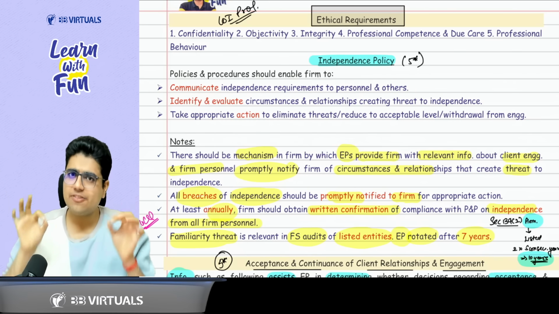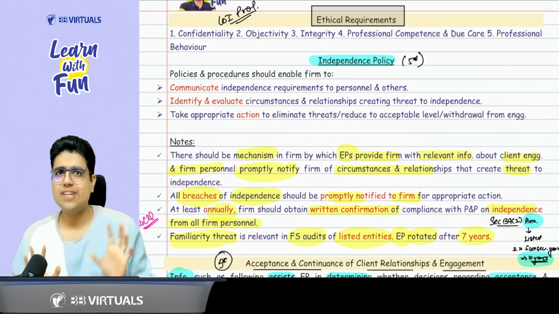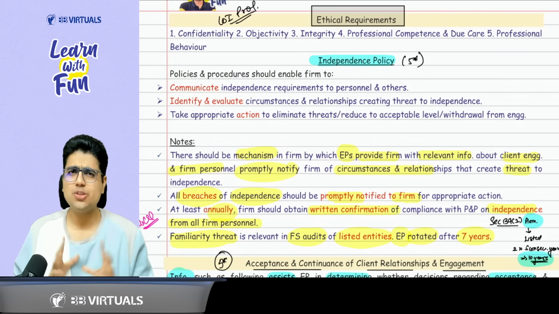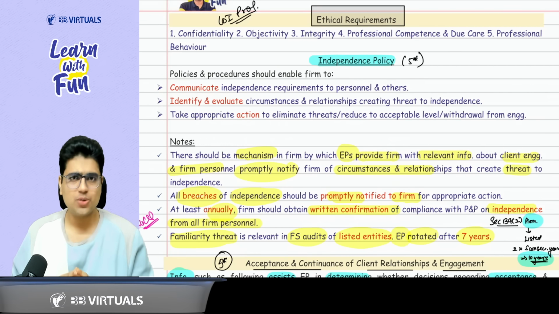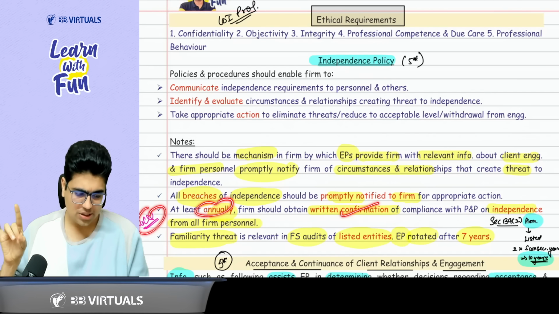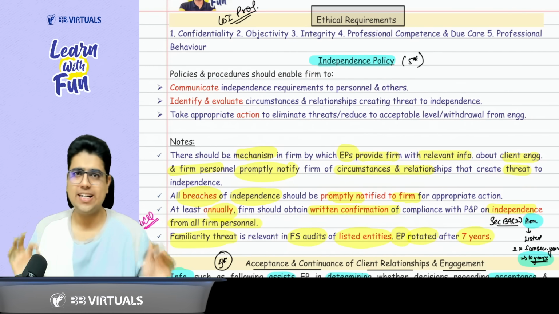Whenever you are starting the work with the client, you need to confirm that you are independent. Plus annually, on an annual basis, you need to confirm that you were independent throughout the year. So this thing can be asked in MCQ, that annually you need to take written confirmation of independence from all the firm personnel. All the firm personnel need to give it.